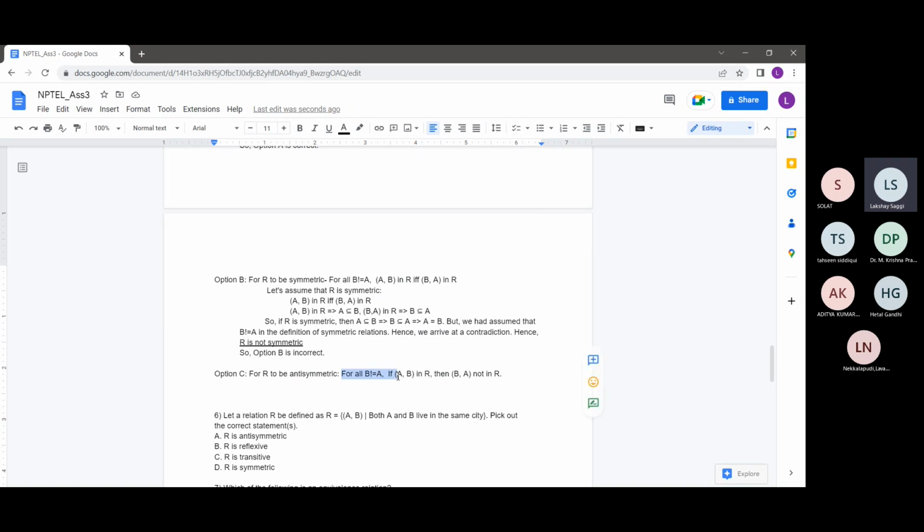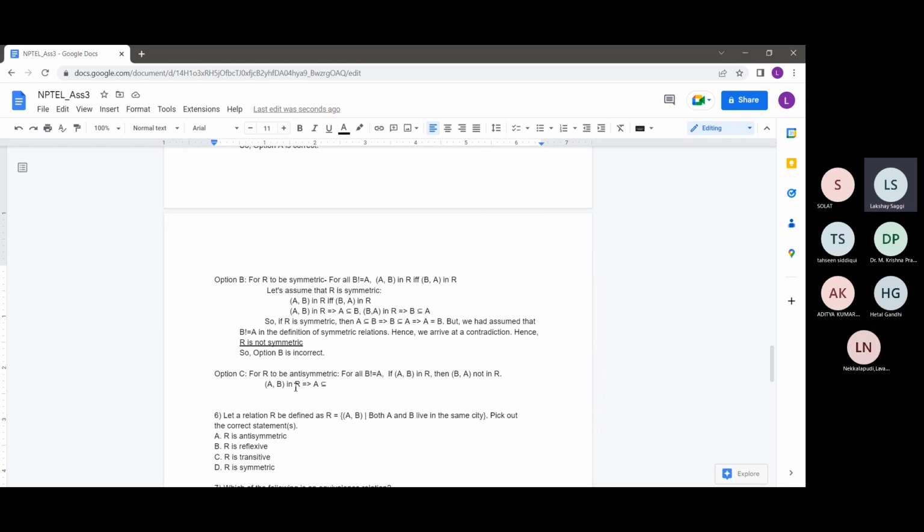Let's assume A comma B is in R, for B not equal to A. We'll start from this side and show that this side holds: starting from A comma B in R, we can show that B comma A is not in R.